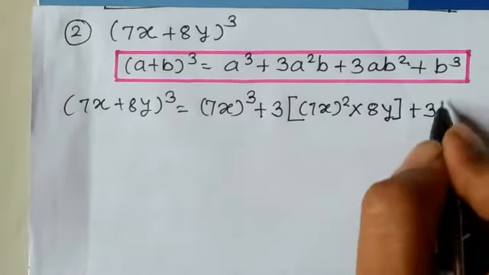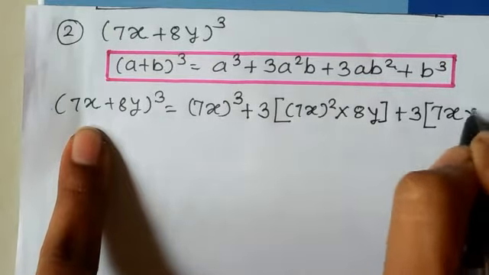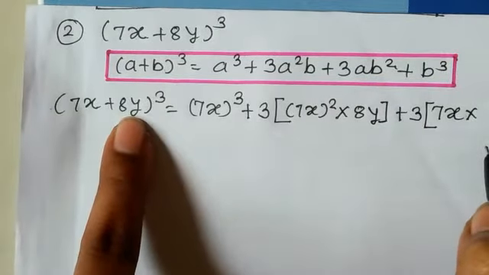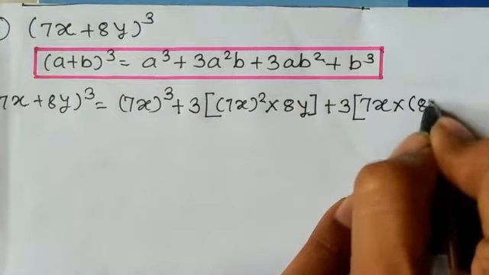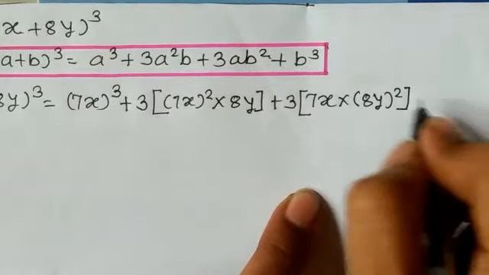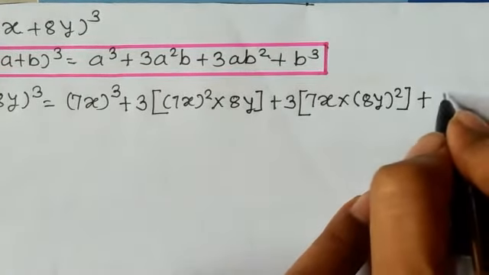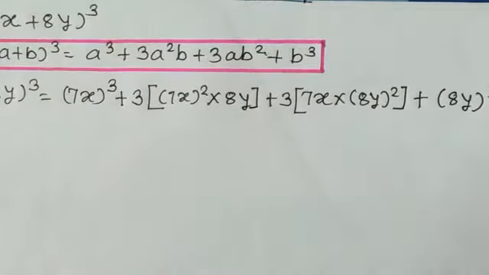Now plus 3 into bracket, first term will be as it is, multiplying with the square of second term, it means (8y) its square, bracket complete, plus second term's cube, it means (8y)'s cube.